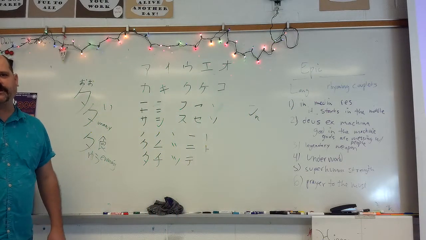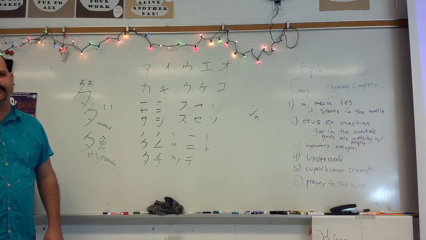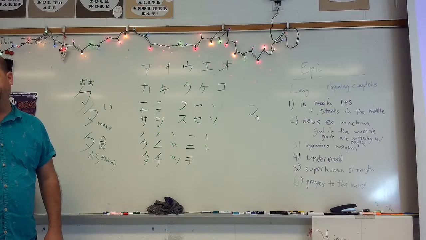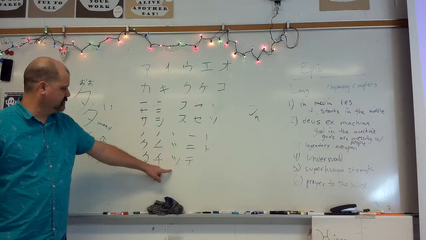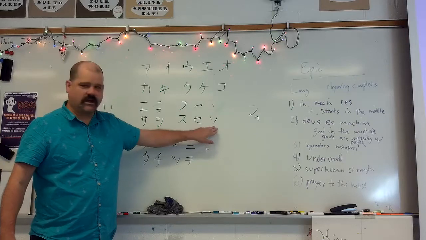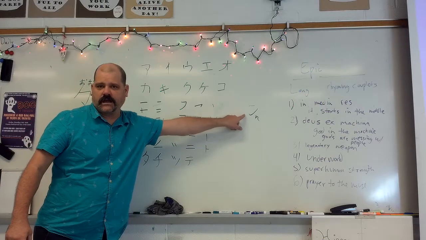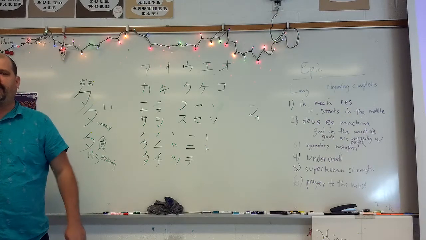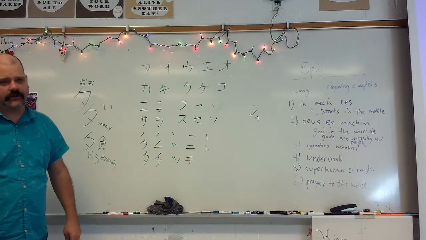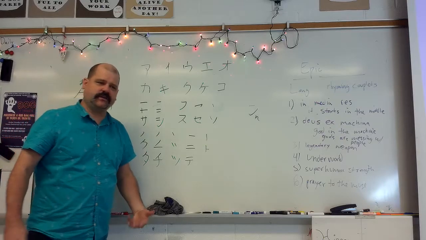So we've got 4 characters that look a lot alike, okay? We've got shi and tsu, then we've got so and n, okay? These 4 characters look alike, but they are written quite differently. And this is always how I teach it.